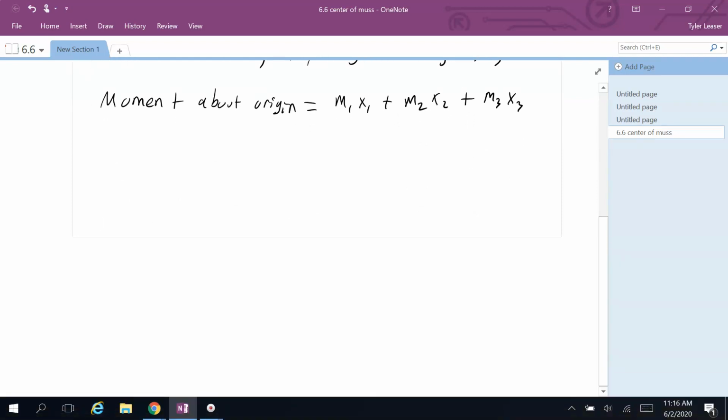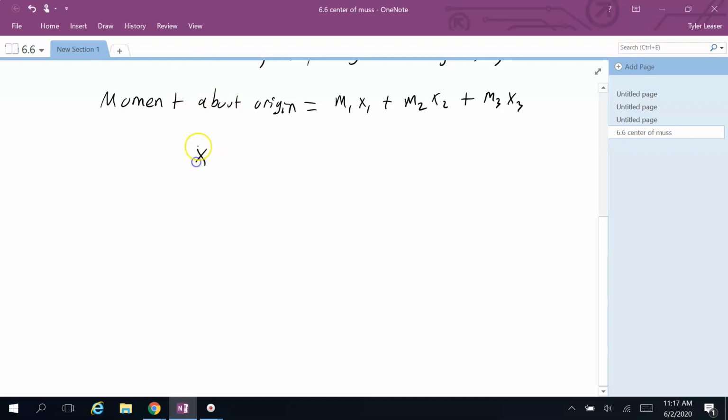Okay, so cool. From this, we can actually find the center of mass, because if we have the moment, if this comes out to be a positive number, that means it's going to be rotating clockwise. If it's a negative number, it's going to be rotating counterclockwise. But if we can find the location where the moment or the torque in general comes out to be zero, then we can get the center of mass.